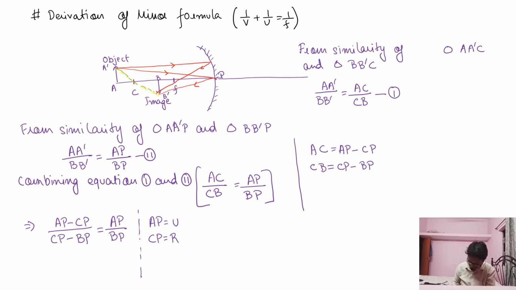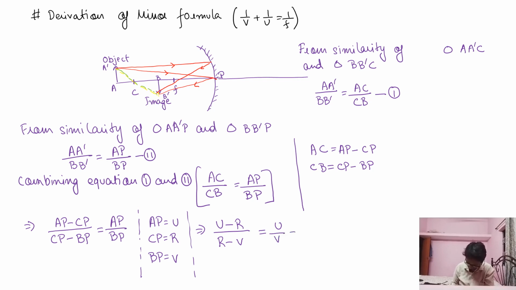So BP is equal to V. So if I rewrite this equation, substituting AP by U, CP by R and BP by V, can I rewrite the equation as (U minus R) divided by (R minus V) is equal to U by V?